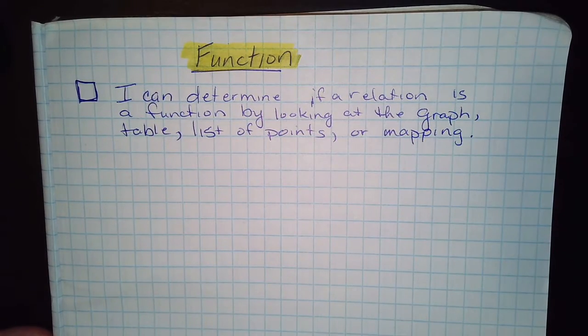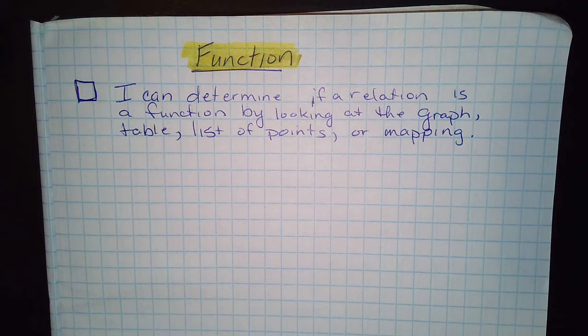So this is what we're going to be doing, is we're going to be working on how to look at some of these features of a function, and know if it is or isn't a function.